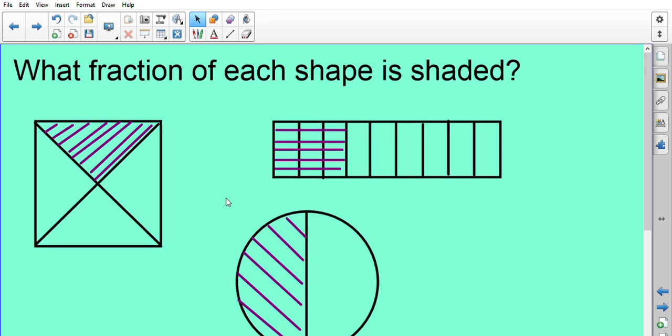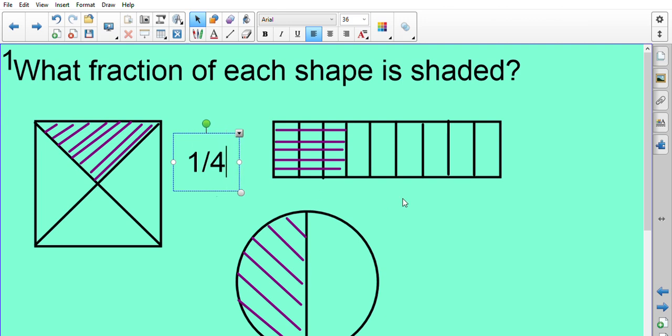shaded. So we've got a square here. How many equal parts are there in total for our square? 1, 2, 3, 4. So we've got 1 out of 4 shaded, so this one is 1/4.